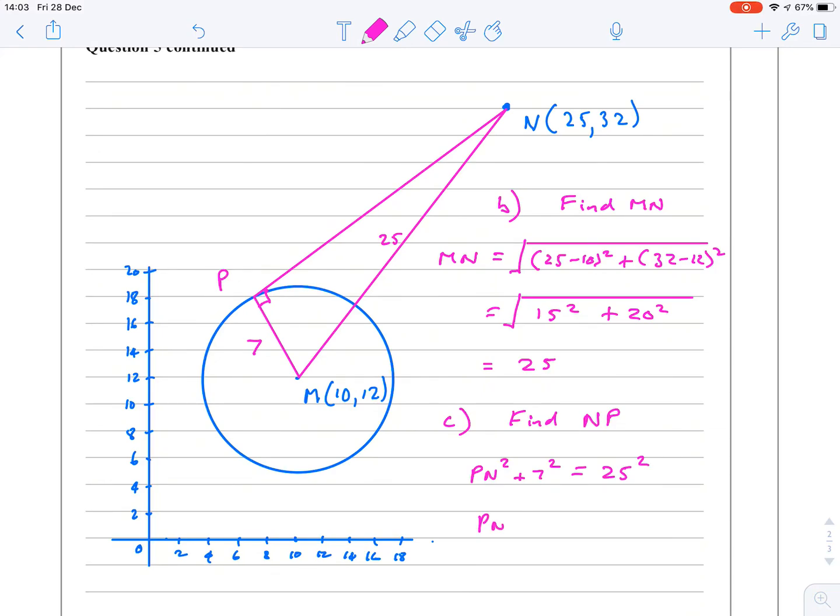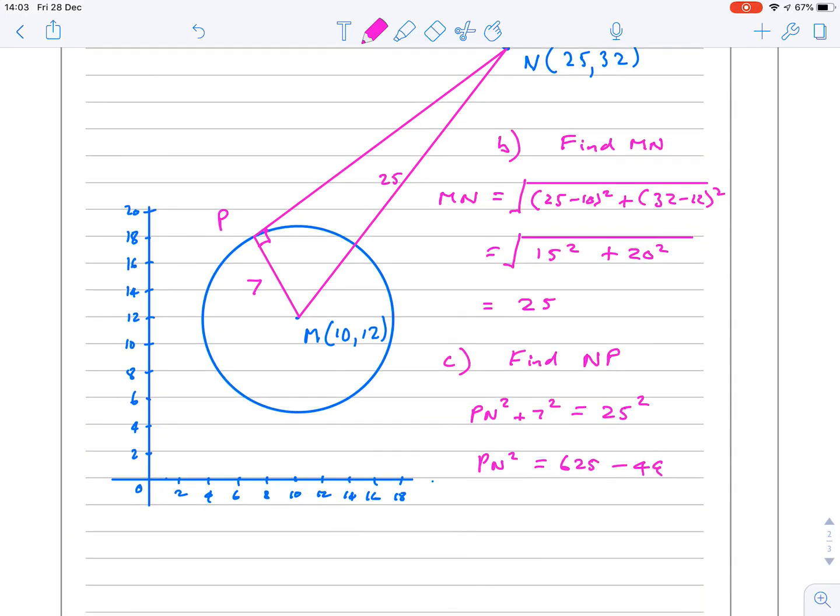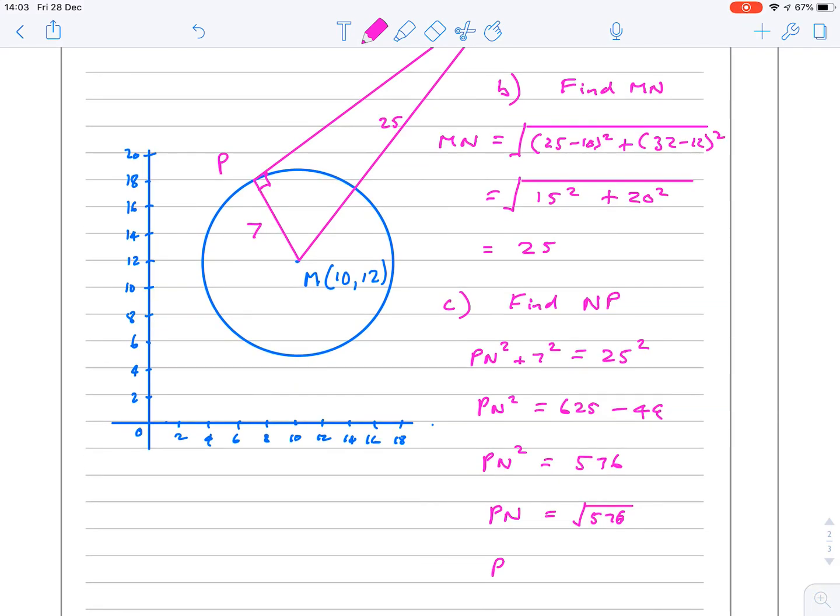So PN squared is equal to 625 minus 49. PN squared is 576, so PN is the square root of 576, which is 24. And that completes the question.